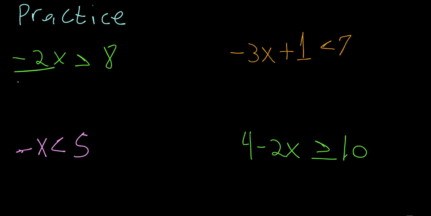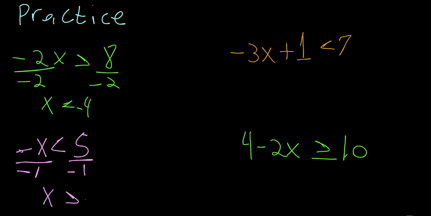All right, I'm going to go ahead and work through the examples quickly just so you can watch me solve it. This is x is less than -4. We divide it by a negative, so we flipped. We're going to go down to the next one. We're going to divide both sides by -1, and we're going to get x is greater than -5.